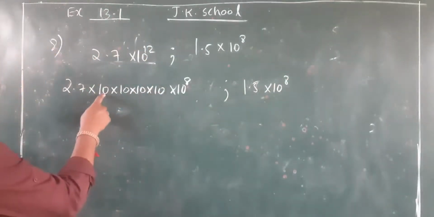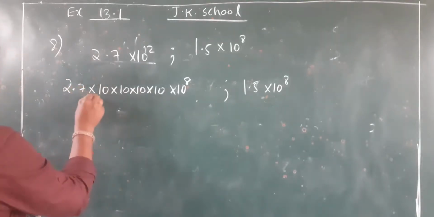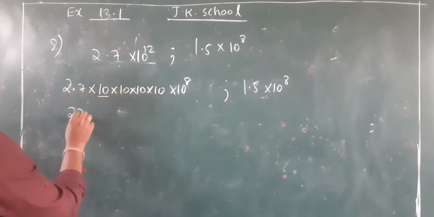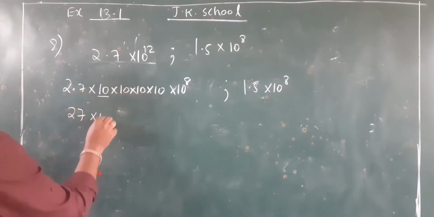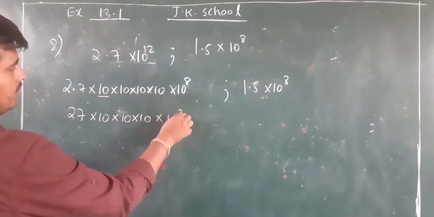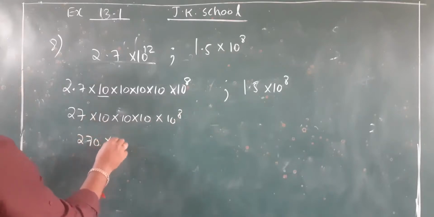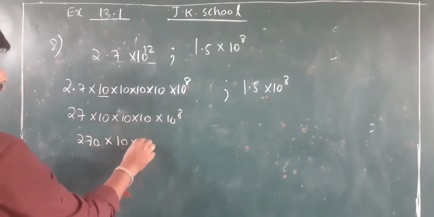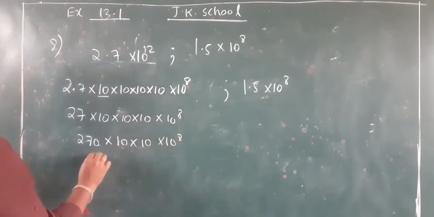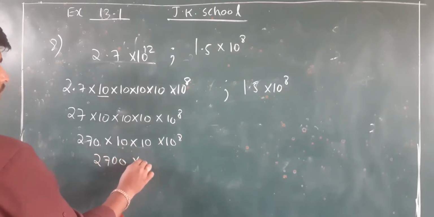So for every 10, the decimal will move one step forward. For this 10, it will become 27. For this 10, it will become 270, and these remain.